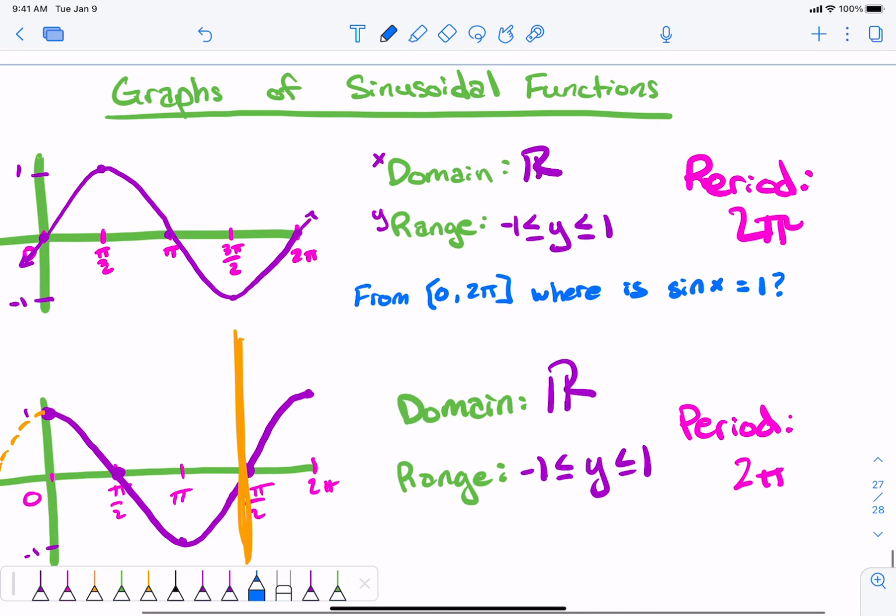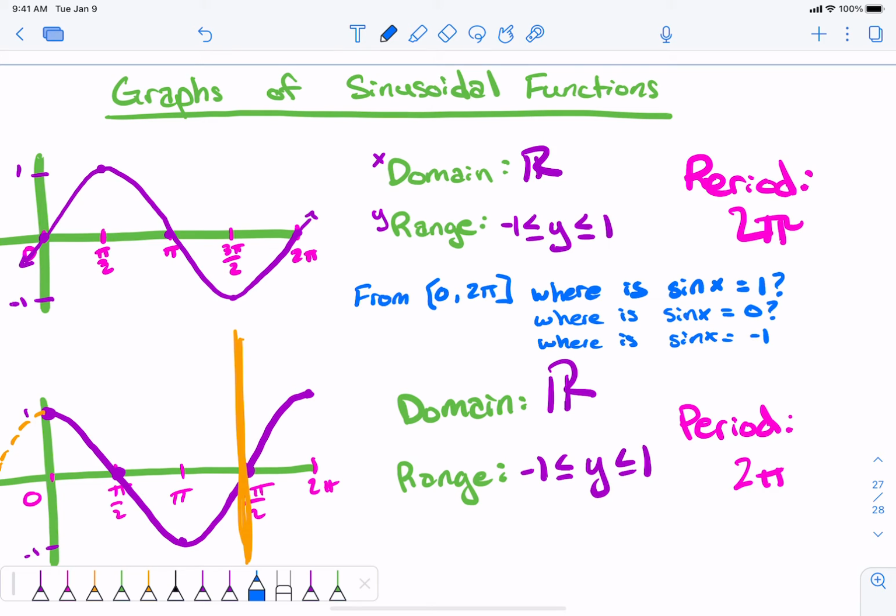Where is sine of x equal to 0? Where is sine of x equal to -1? We'll just answer all those questions. How about that? Okay, not terribly hard. Just from 0 to 2 pi.